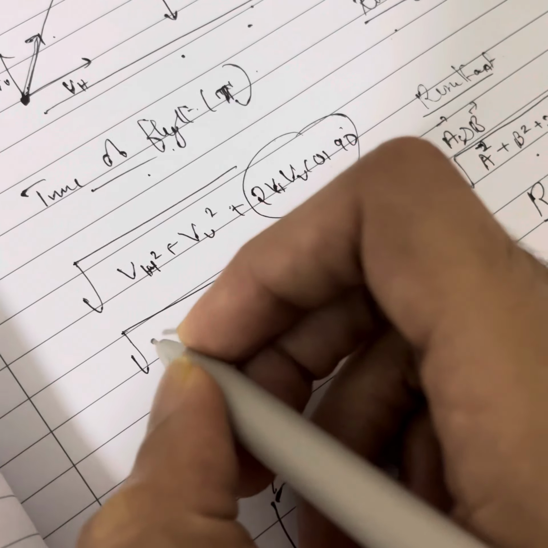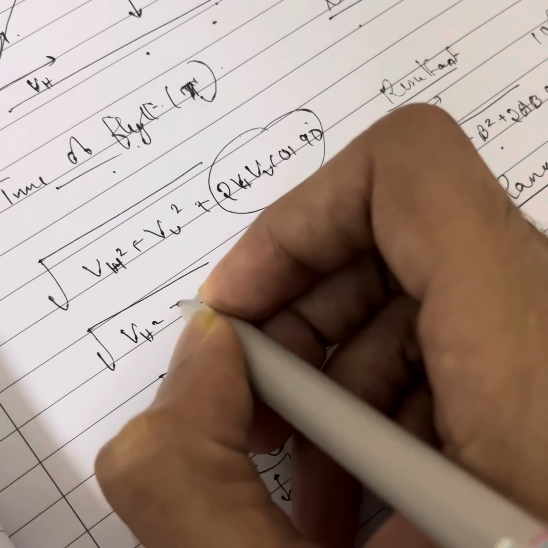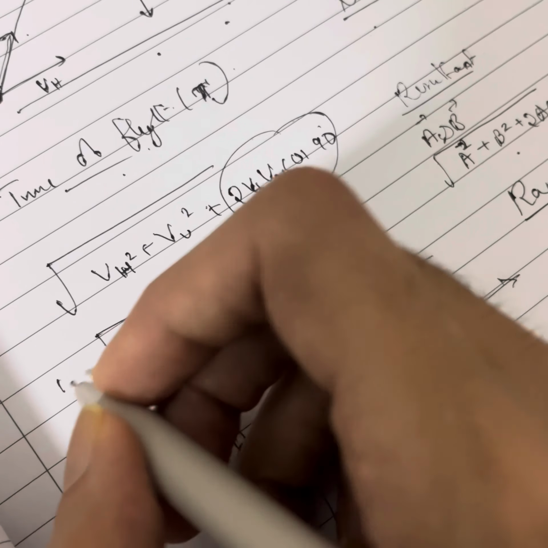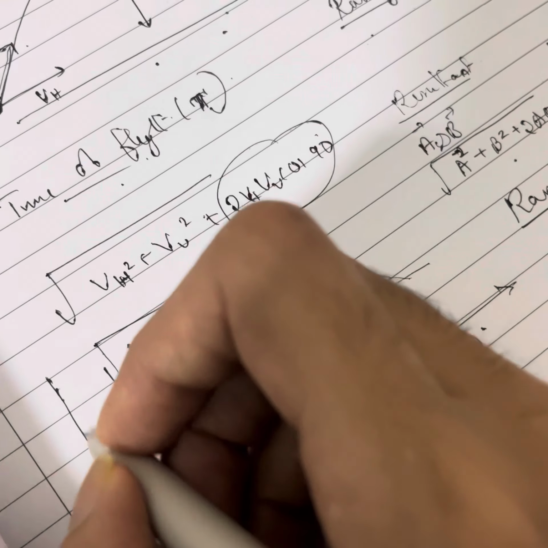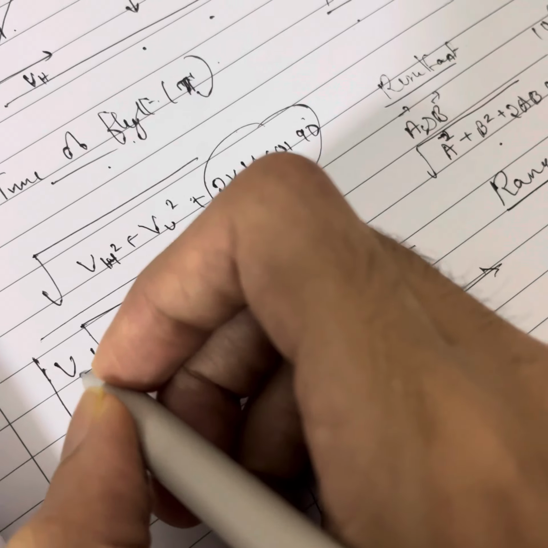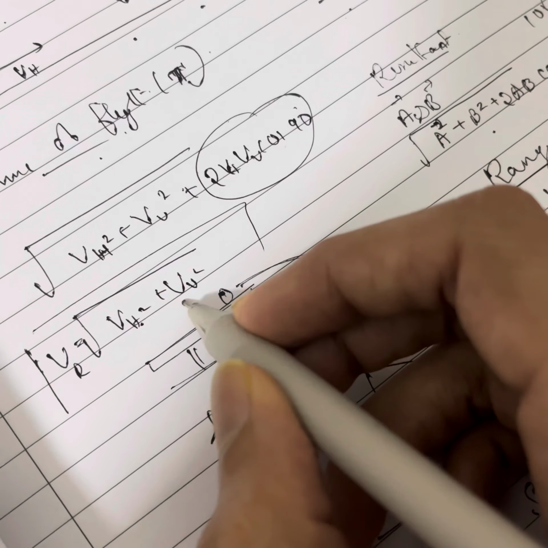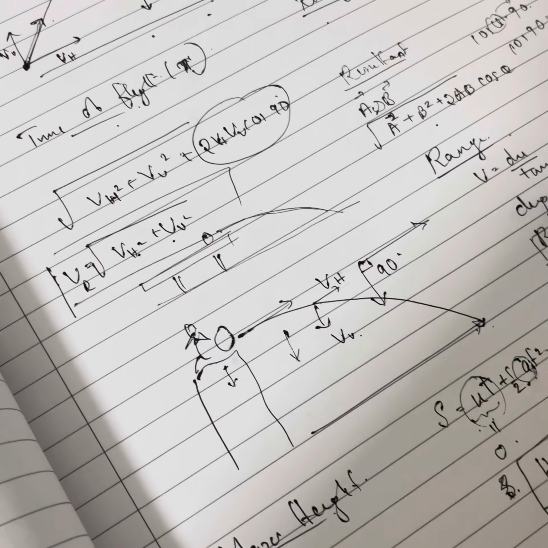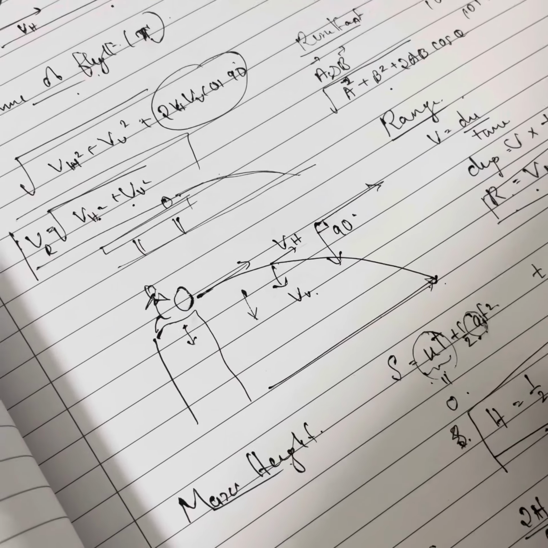Then the resultant velocity will be equal to root of VH square plus VV square. This will be the resultant velocity equation. So these are the equations related to projectile motion.